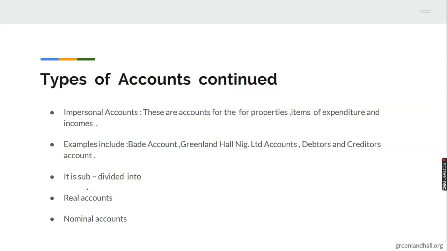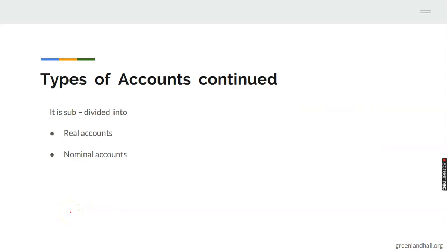Types of accounts continue. We also have impersonal accounts. These are accounts for the properties, items of expenditure, and incomes. And it is subdivided into real accounts and nominal accounts.